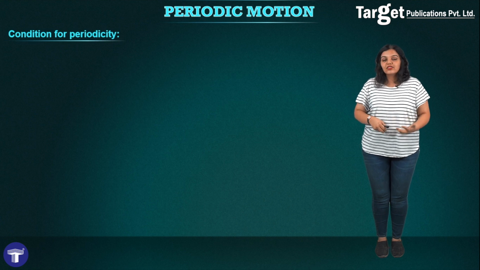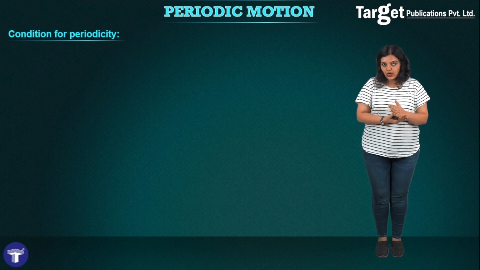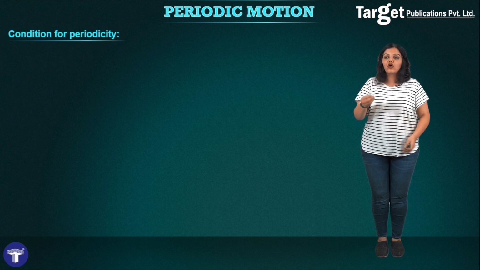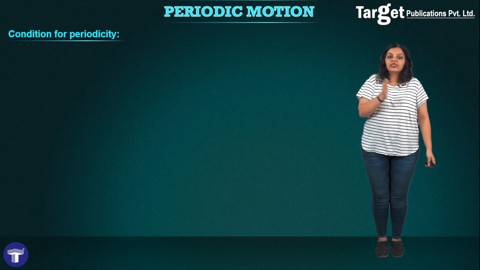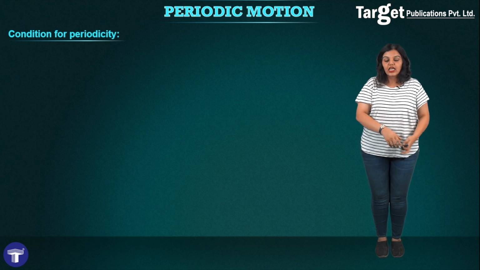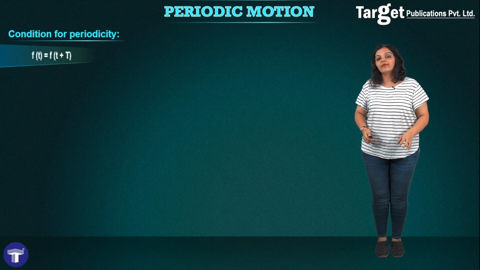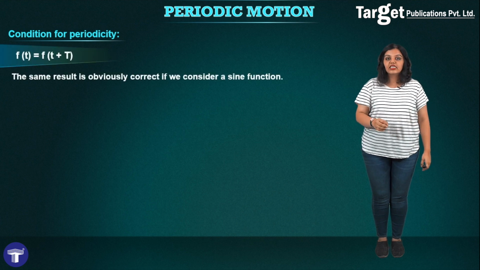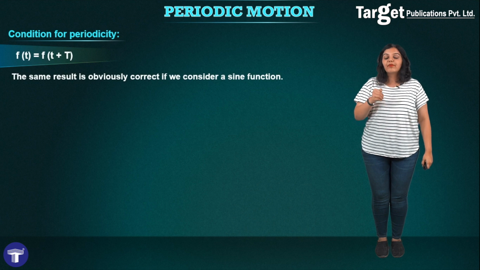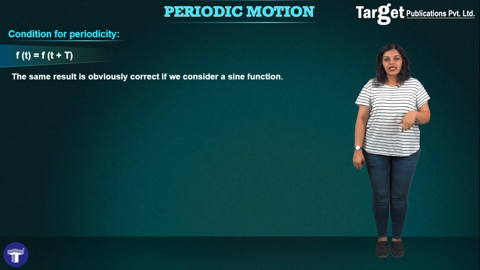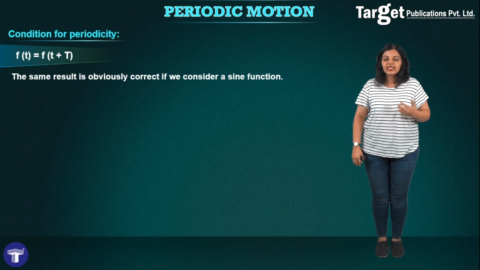But the question is, what exactly defines periodicity? We have already said that periodic motion means that after some time the motion will repeat itself. I can write this mathematically: f(t) = f(t + T), where capital T is the time period of the motion. This is fancy maths, but what does it mean?